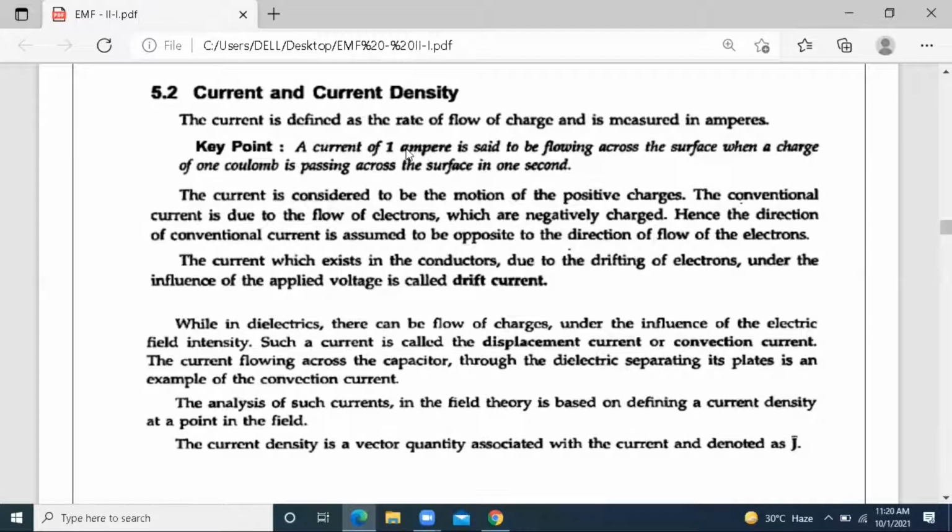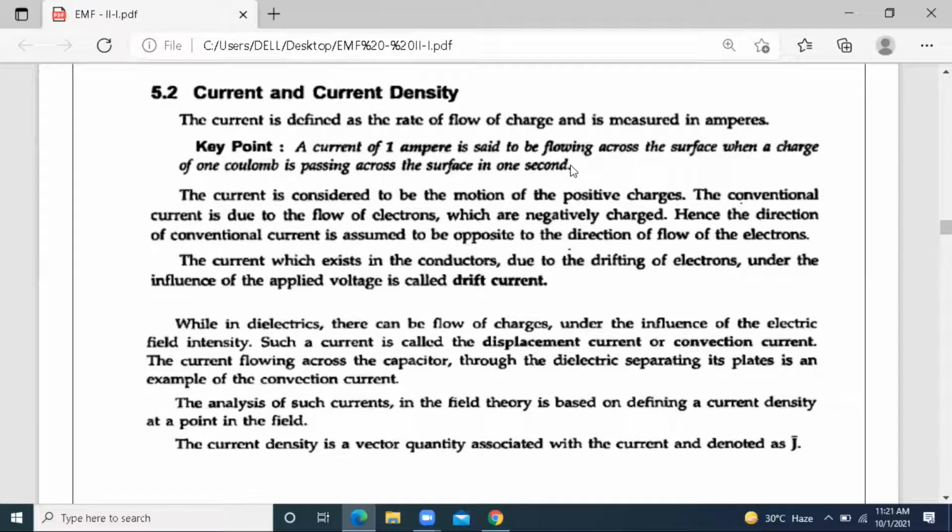A current of 1 ampere is said to be flowing across the surface when a charge of 1 coulomb is passing across the surface in 1 second.